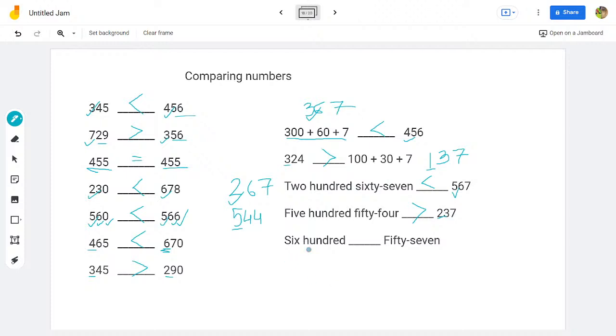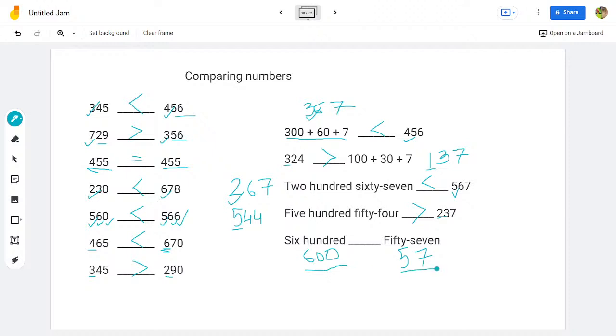This is 600 and this is 57. So now have a look at this number. On one side we have a 3-digit number, while on the other side we have a 2-digit number.